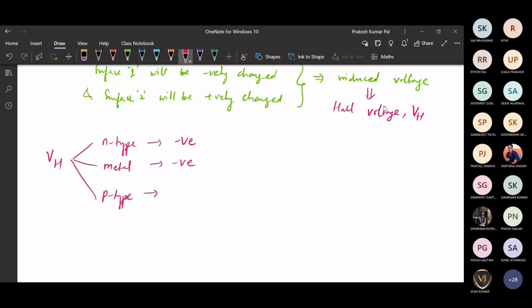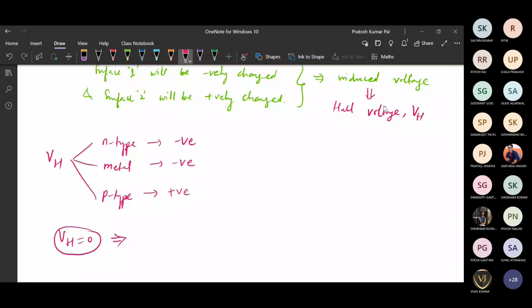Okay, so based on the nature of this Hall voltage, we can find out whether it is n type or p type or a metal. Even that, in one of the cases, if Hall voltage is 0, what will be the condition? What does it indicate?